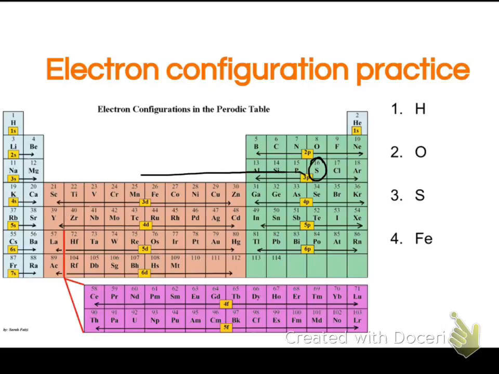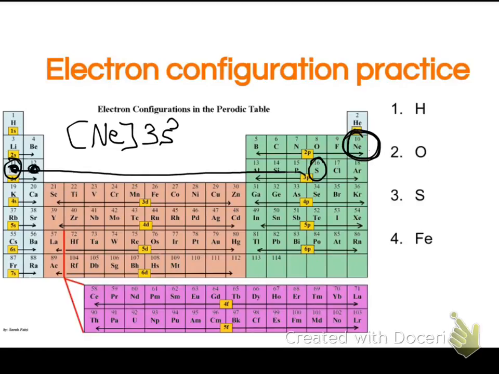And we're going to travel all the way back to the noble gas before it. So that would be neon. So this one's going to have neon in brackets. And then we count forward. So from neon we go 1, that's the 3s, and there's 1, 2 in that box. And then 3p, 1, 2, 3, 4. So 3p4.